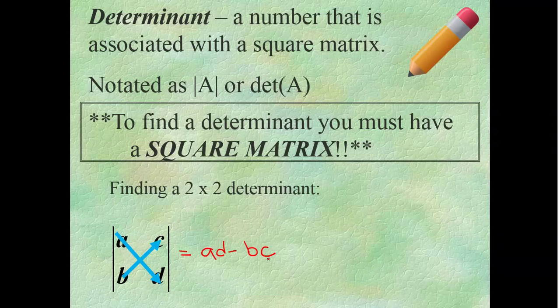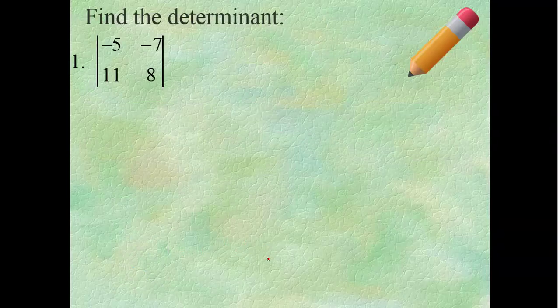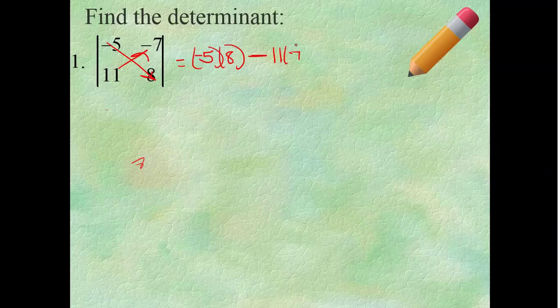Okay, let's try a few with numbers. So I have the matrix -5, -7, 11, and 8. We want to find the determinant. Notice, it's not brackets, it's those bars, right? So I'm going to draw in my arrows here. -5 times 8 minus, this way, 11 times -7.